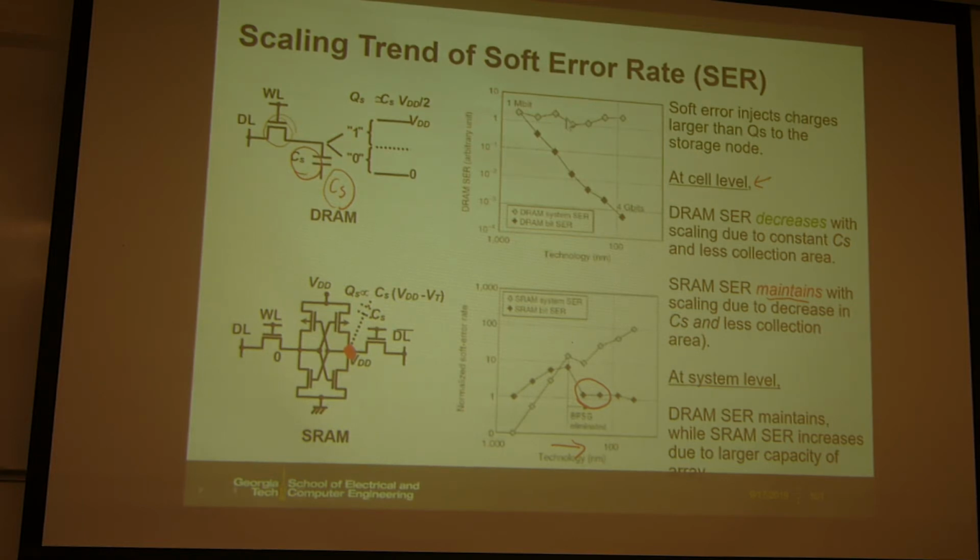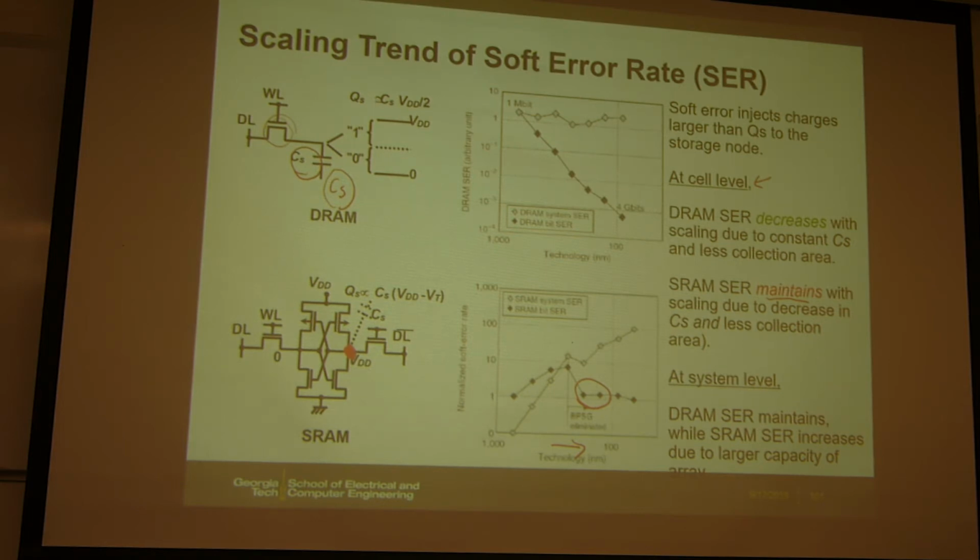So at the DRAM cell level the soft error rate decreases, and at the system level, of course, you have more DRAM cells, so roughly the error rate is a constant. That means DRAM is not more vulnerable to soft errors, so we don't mostly talk about soft error for DRAM.